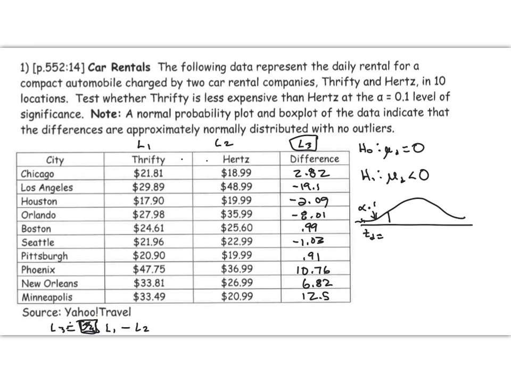I've taken the difference, so I have 9 degrees of freedom. When I calculate my t-score, I get negative 1.38.